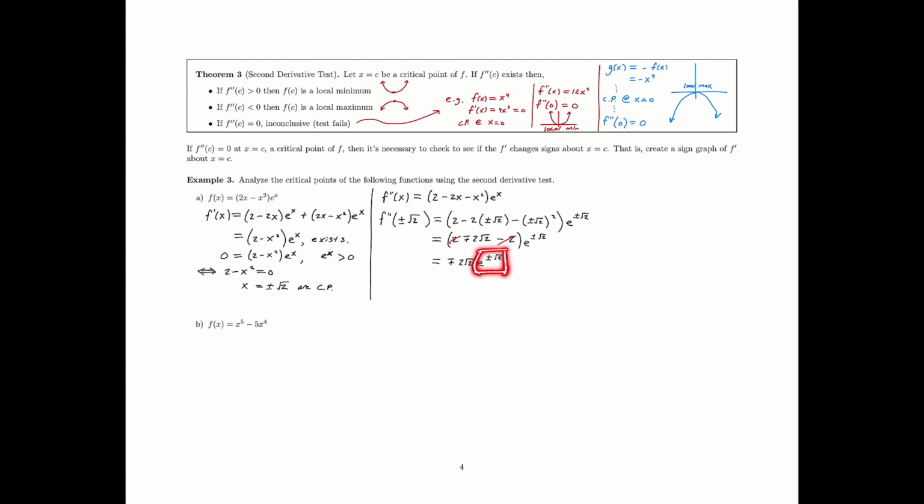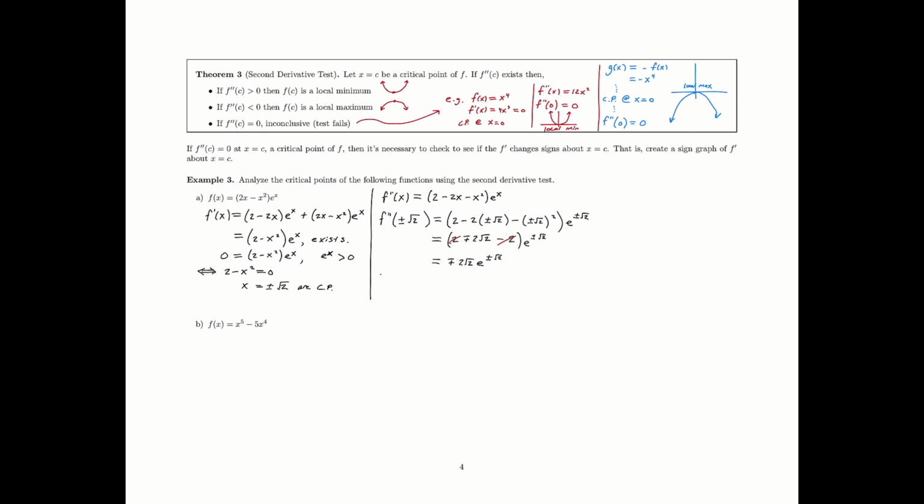This term here will always be positive. Now its value will change, but this right here will always be positive. And 2 root 2 will always be positive. So we basically have positive times negative or positive. So really, the sign of this whole thing only depends on this order here.